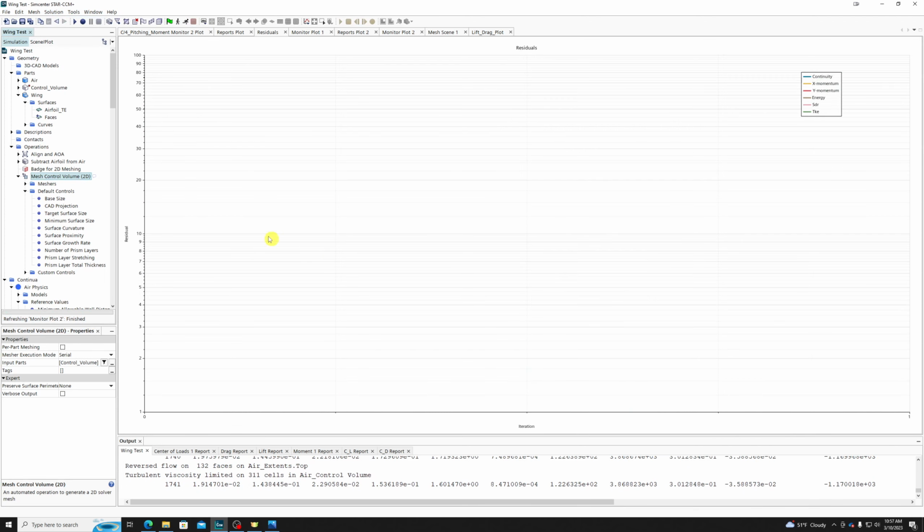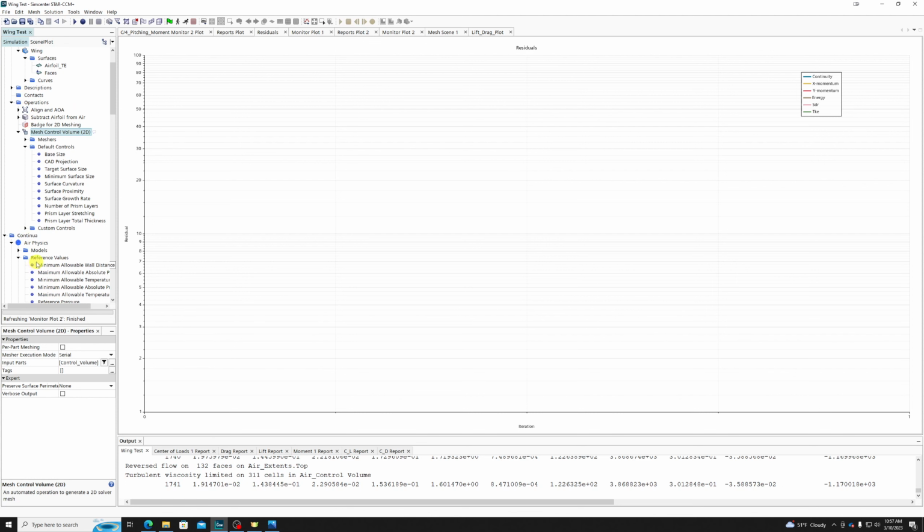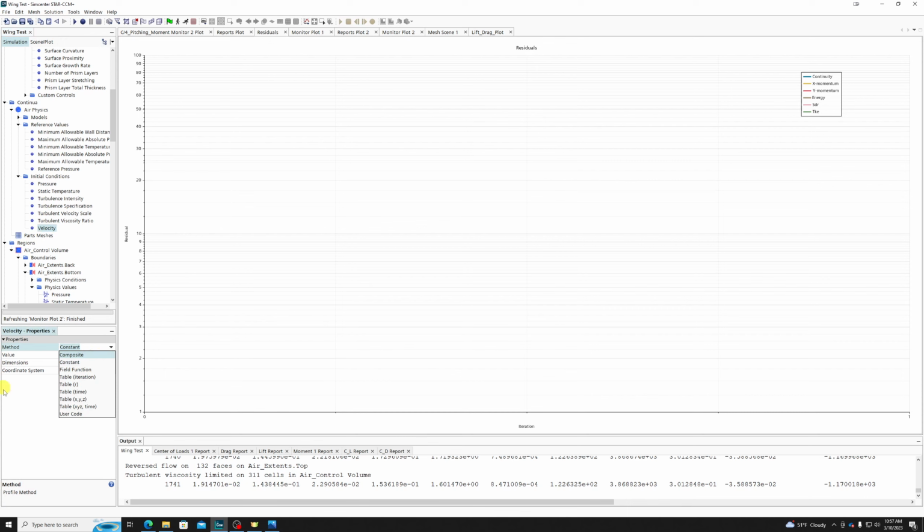So I'm going to clear the solution really quickly here, and I'm actually going to set our initial conditions to 0 velocity and run it some more.